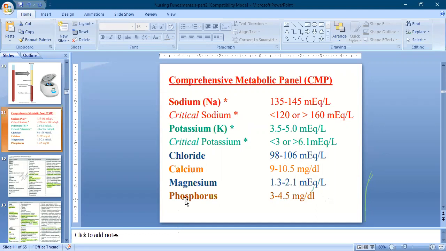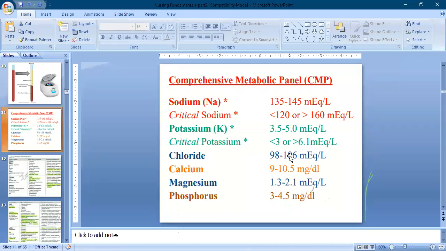We have to know their normal ranges. Secondly, we have to know what they are called when they are more than normal or less than normal, and what the signs and symptoms are.